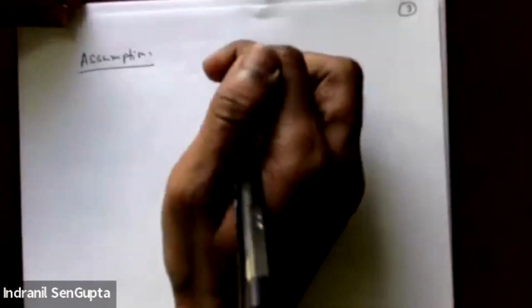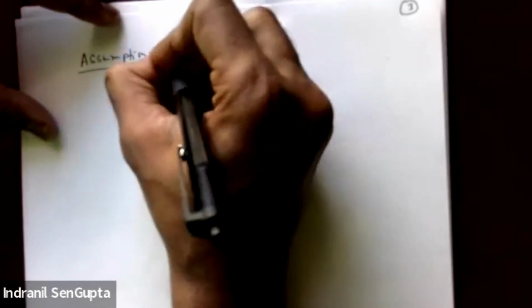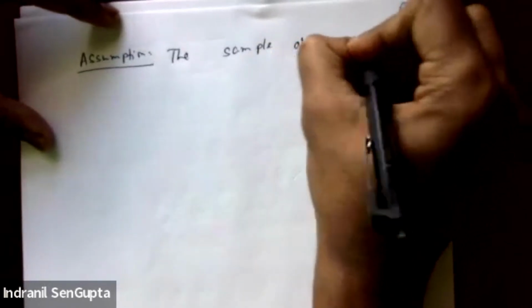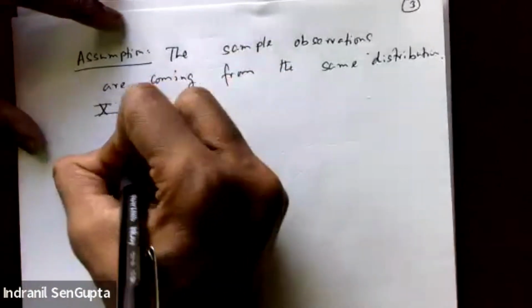So here is the underlying assumption: the sample observations are coming from the same distribution X, and we denote them.